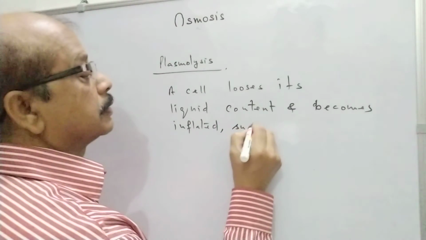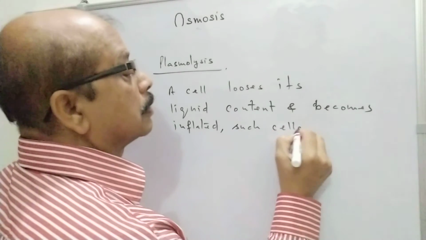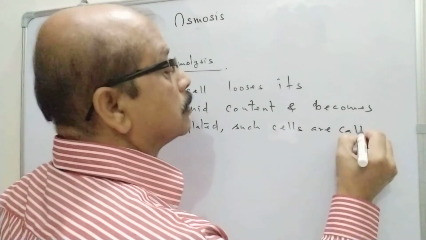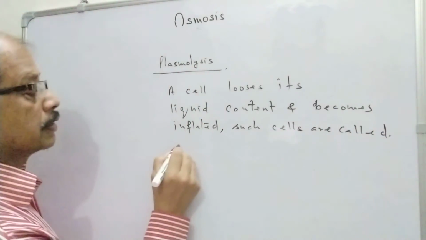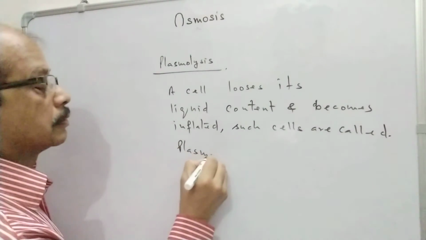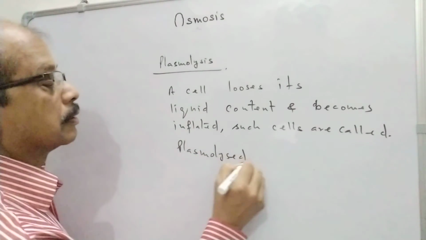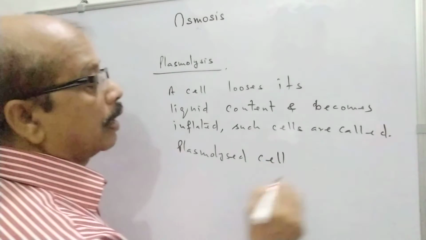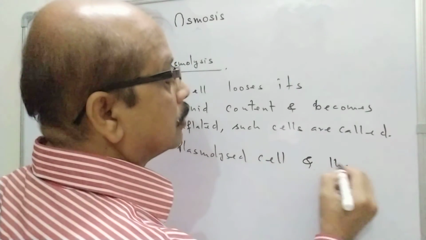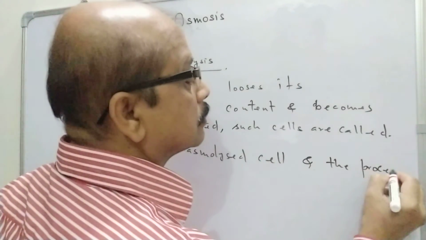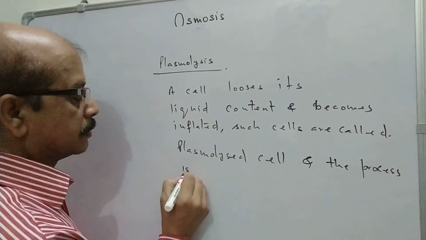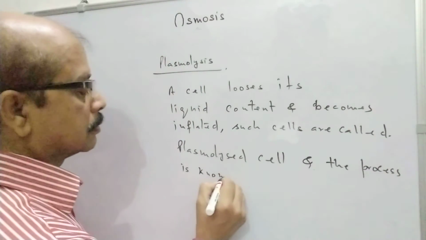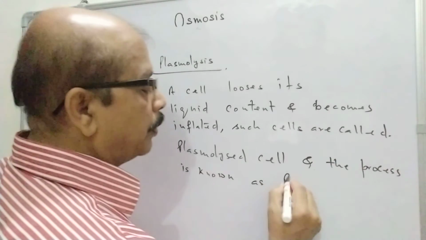Such cells are called plasmolyzed cells, and the process is known as plasmolysis.